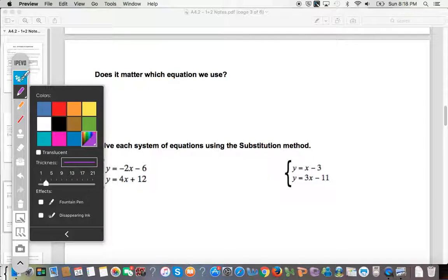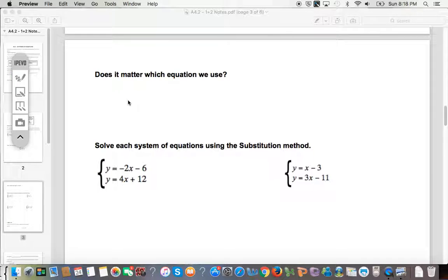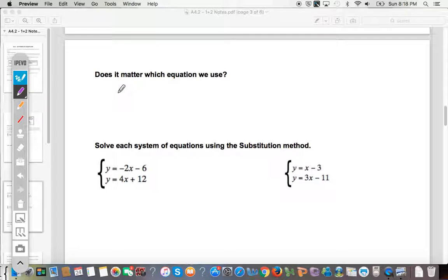Okay, so does it matter which equation we use? No, it doesn't.